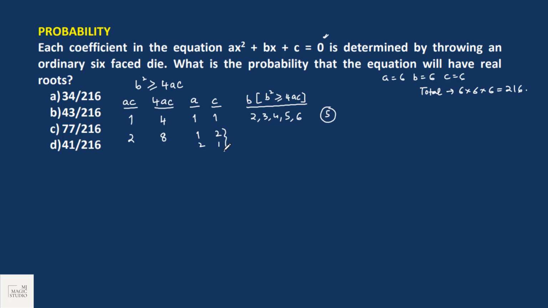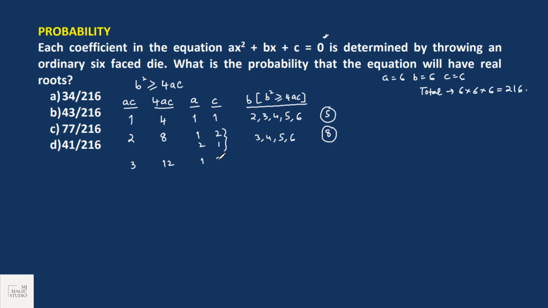That means it can be either 1, 2 or 2, 1. 2 cases here. And b square is greater than or equal to 8. That means b can assume only the values 3, 4, 5 or 6, because 3 square is 9, which is greater than 8. 4 into 2, 8 cases possible.